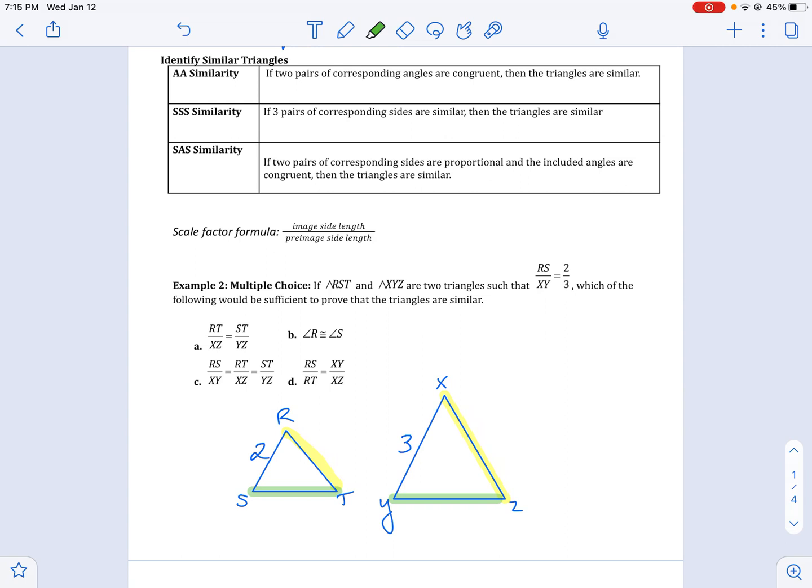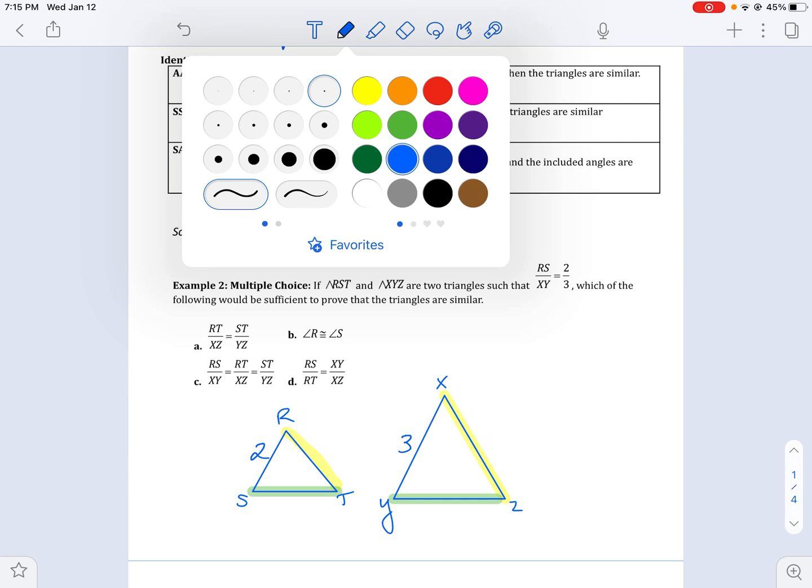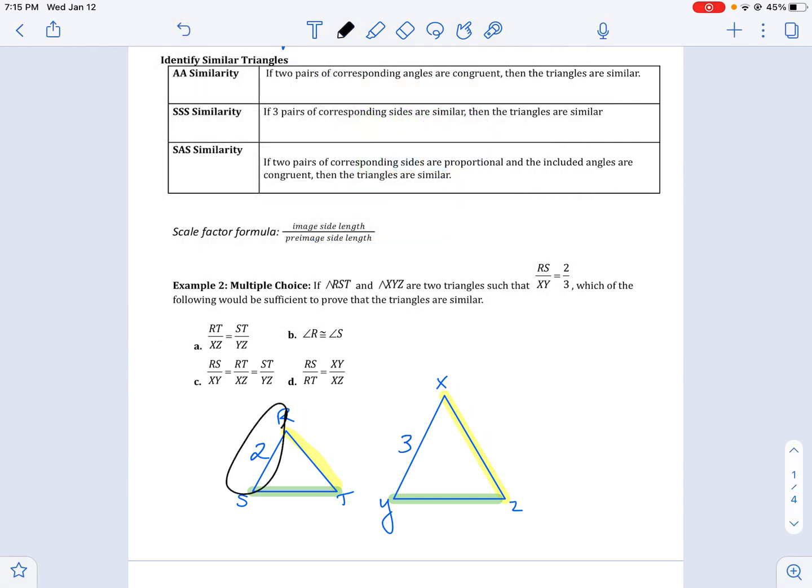If we look at this picture, we can see that I have one pair of sides that are proportional, another pair here, and another pair here. But we have to be careful because they told us that these are proportional ratios, but what they didn't tell us was what those equal.